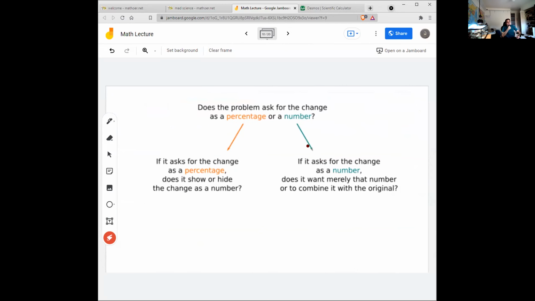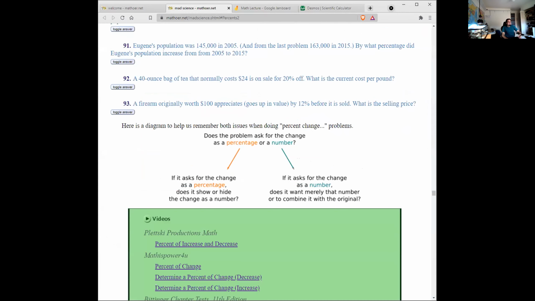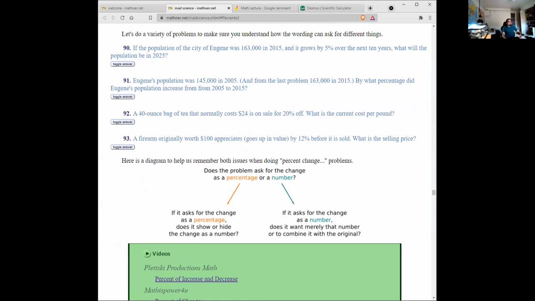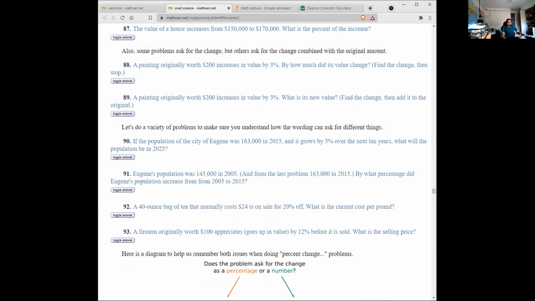The other side here is if it asks for the change as a number, then does it want that number or combine it with the original? What I mean by that is, let's do this problem. That's going to be too wide.